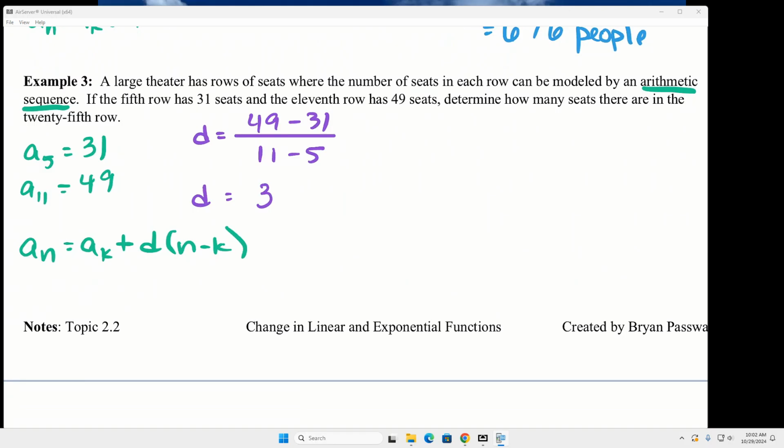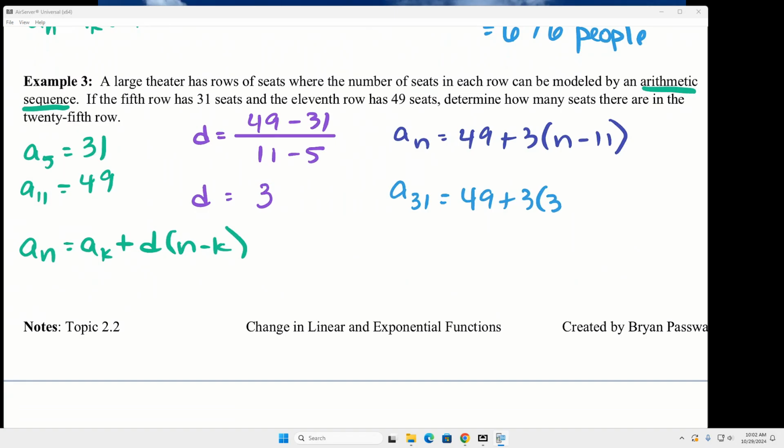All right, so then I'm going to write my formula. It doesn't matter which point we use. I'm just going to go ahead and use the second one. All right, and then to answer the question, we're going to put 31 in for n. Oh, wait, hold on.